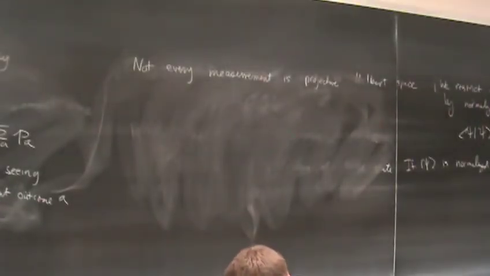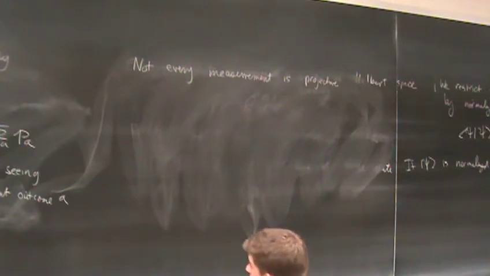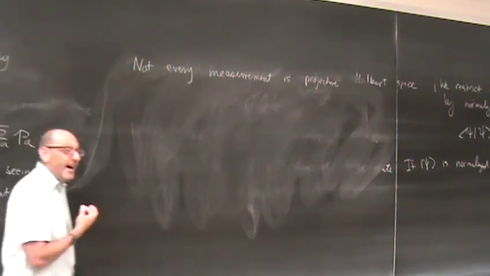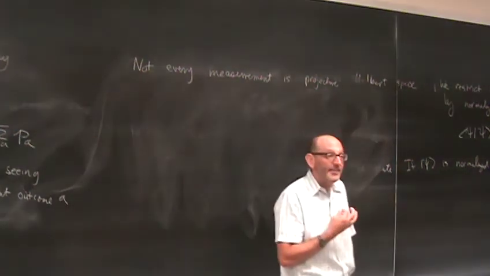Projective measurements are measurements that are fine-grained. They tell you, are you this eigenvalue? What's the probability of finding it? As we said, sometimes your measuring device can't be that sharp. It doesn't know whether or not it had that eigenvalue.